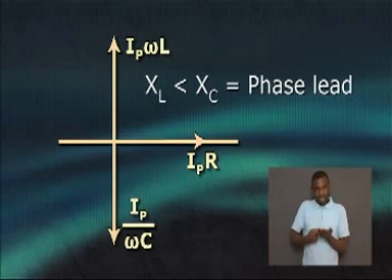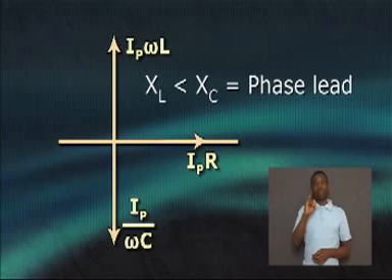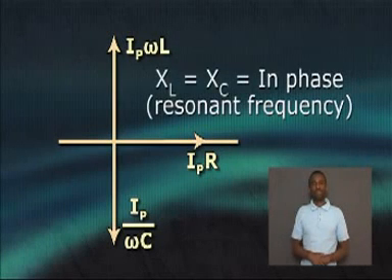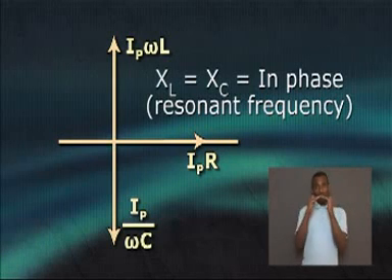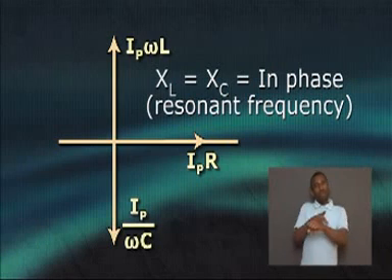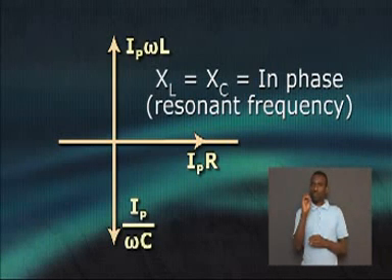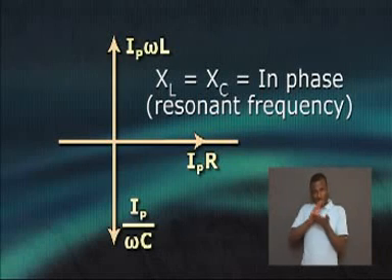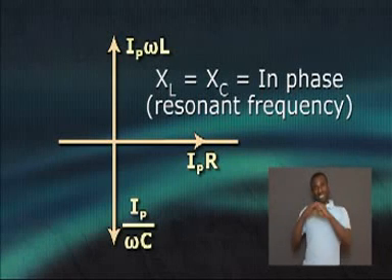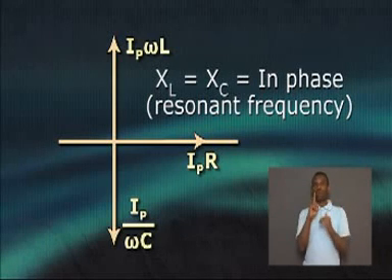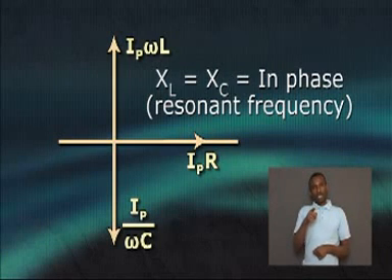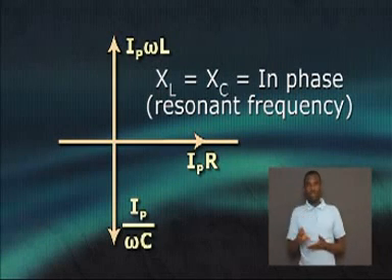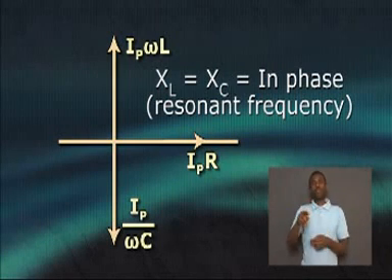Thus, current leads voltage. If inductive reactance is equal to capacitive reactance, the phase angle is 0, meaning the reactance in the circuit matches the resistance. When this is the case, the circuit has found its resonant frequency.